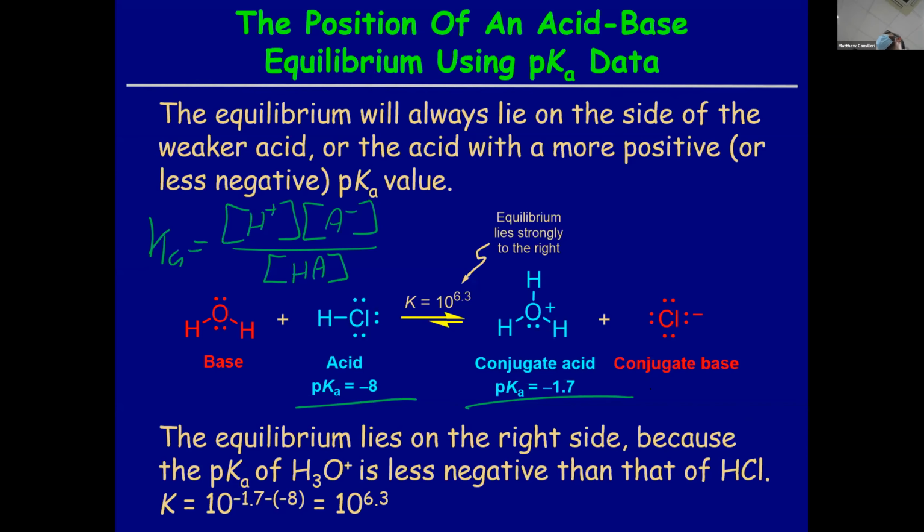Okay? H3O plus and HCl. The strongest acid here is going to be HCl. Okay, it's minus 8. Whereas H3O plus is minus 1.7.